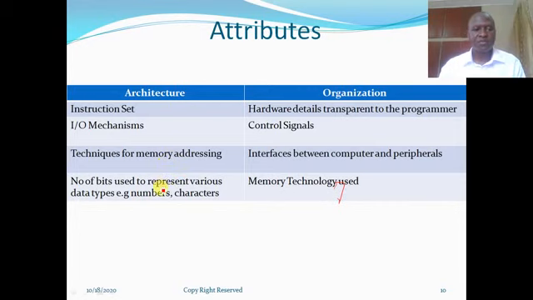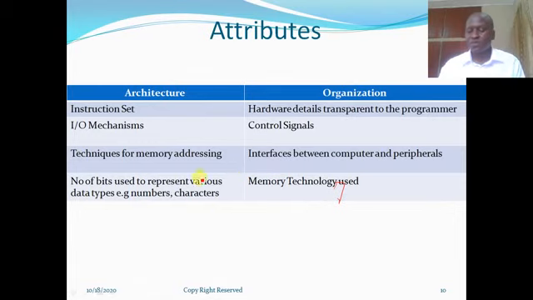Computer architecture also deals with the number of bits used to represent various data types, such as numbers and characters, while organization, on the other hand, involves the hardware details that are transparent to the programmer.